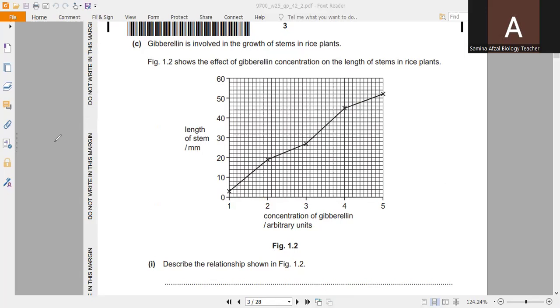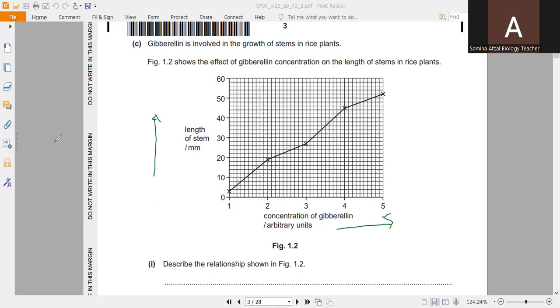You can see the graph starts from a gibberellin concentration of 1, whereas the length starts from 0. As the concentration of gibberellin increases, the length of stem also increases.